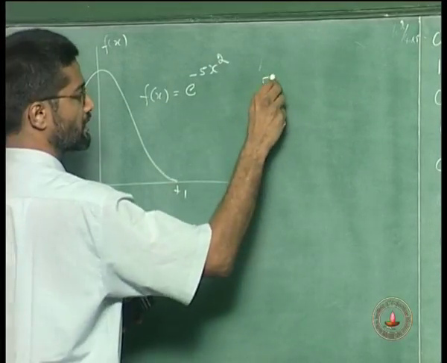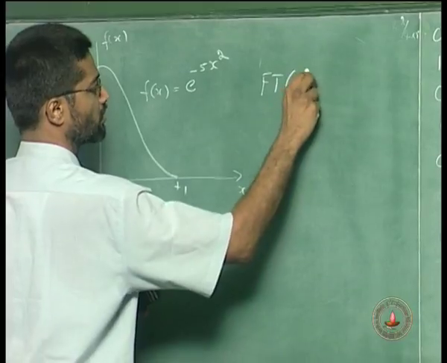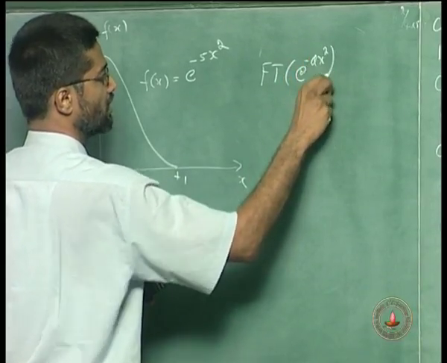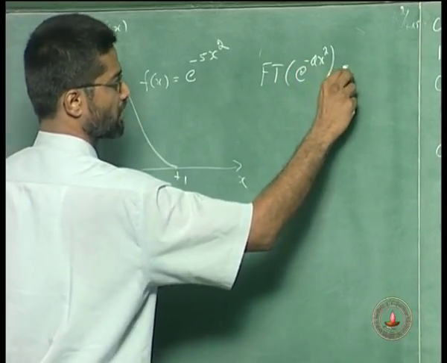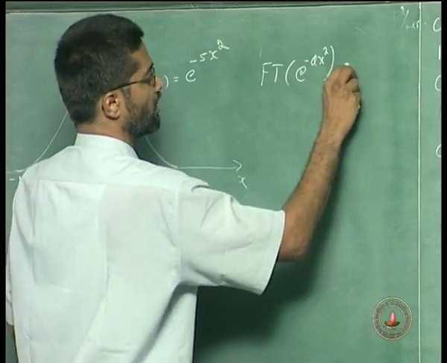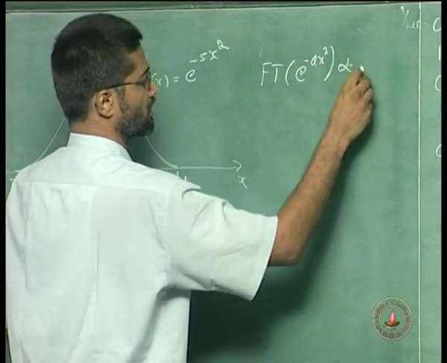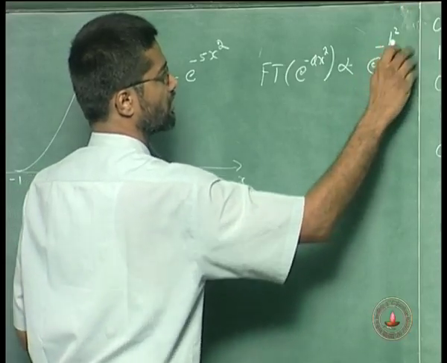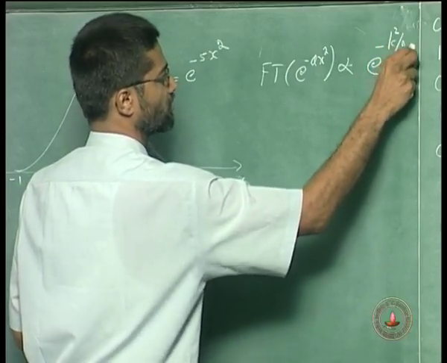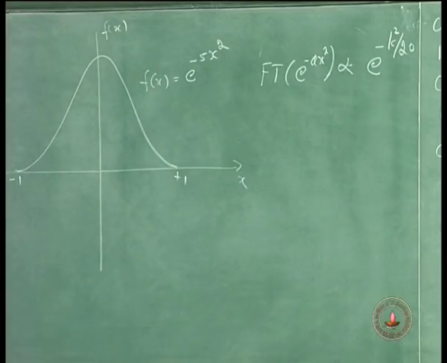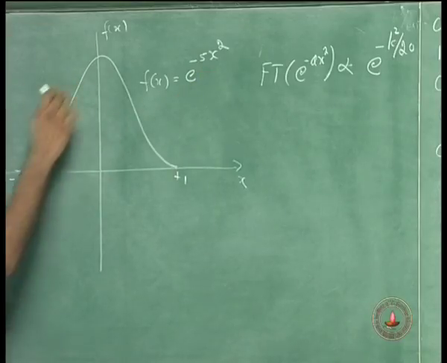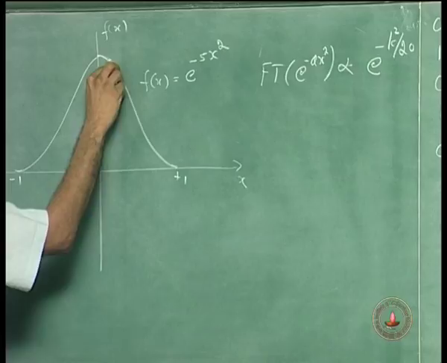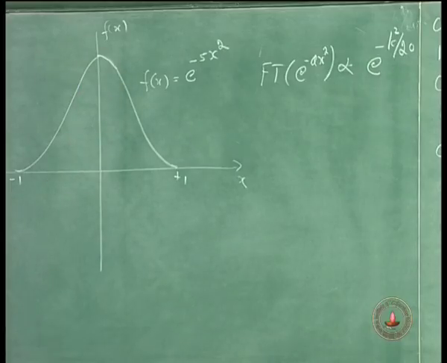So the Fourier transform is given by e to the power of minus k squared by 20. That's what we should get. So we know the form of that, and we can compute this using the discrete Fourier transform. That's our aim here.